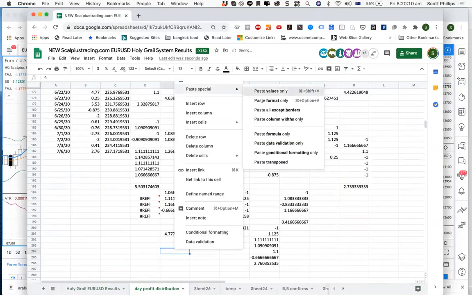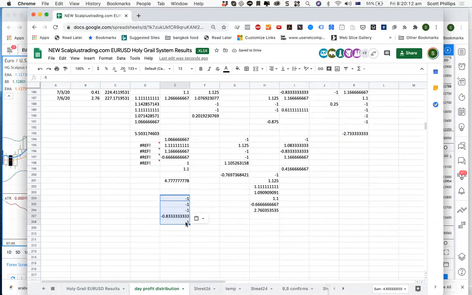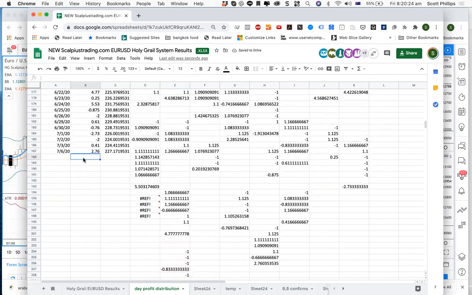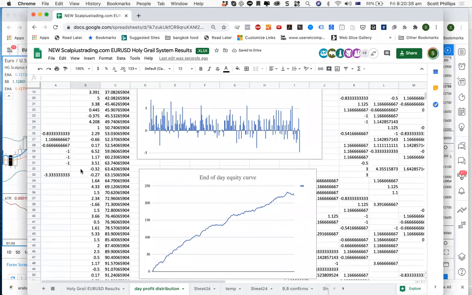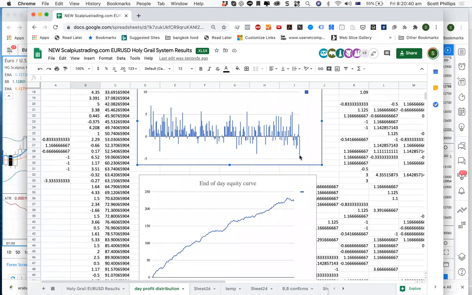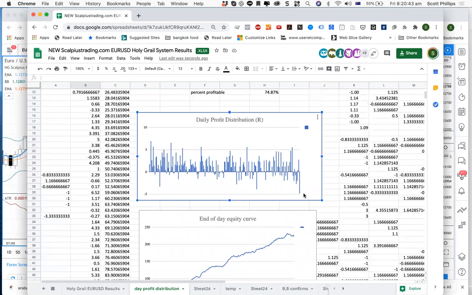So we have 5 trades, 1, 2, 3, 4, 5 losers. And we're down 4.83R. That, I think, is the worst day ever. Look at that. The worst day ever, by far.